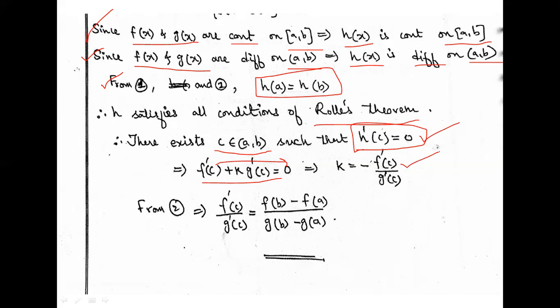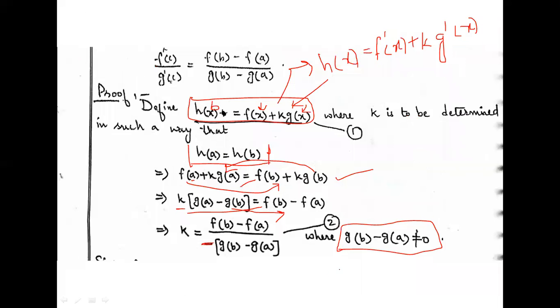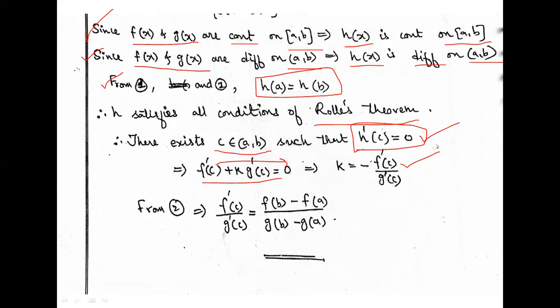Okay. Now what is f dash of c from equation 2? f dash of c by g dash of c. We can write k. What is k? We have just now found out the value of k, right?